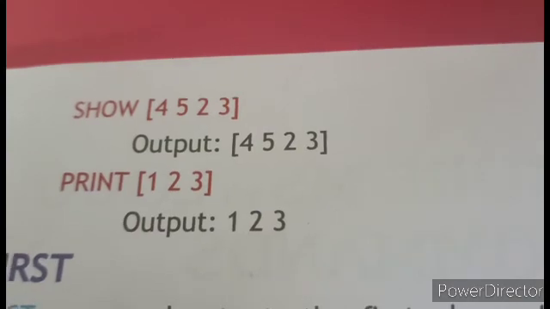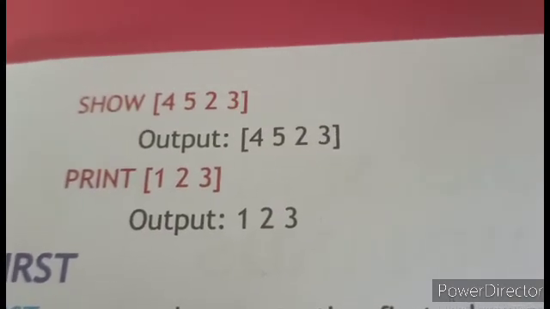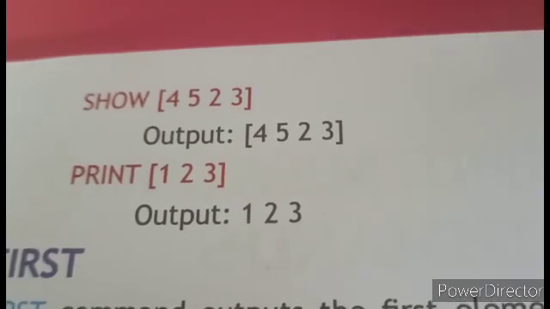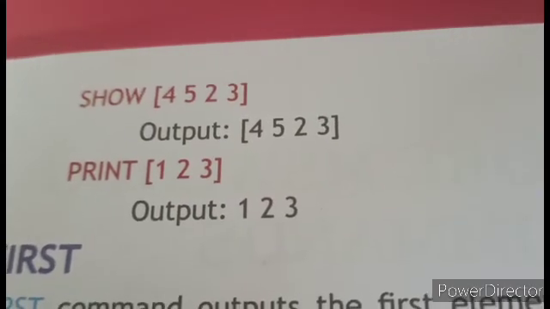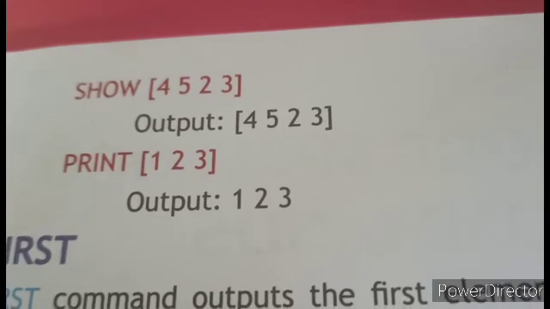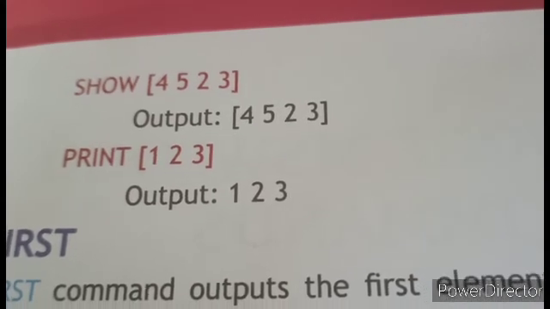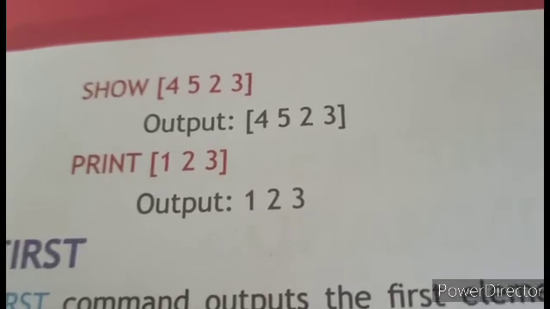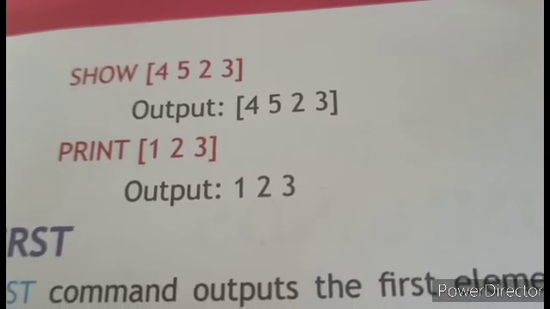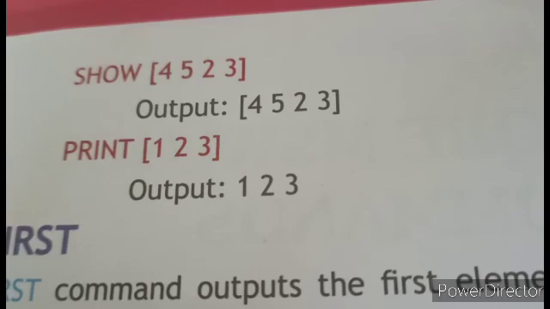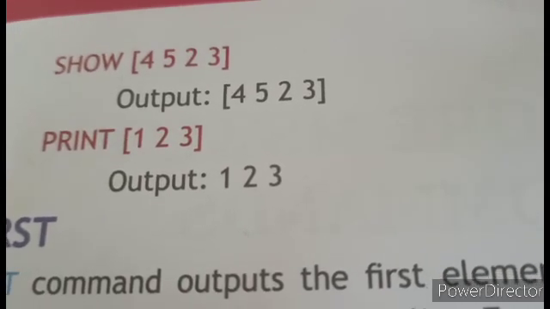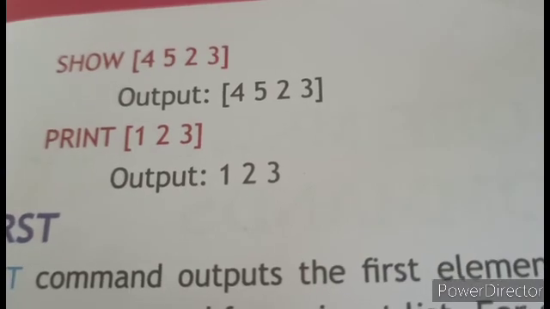The next command is show. One example is given here by which you can find out the difference between print and show. Both of them are used to display or print things, but the difference is, if you give show, then the things are printed along with the square brackets.